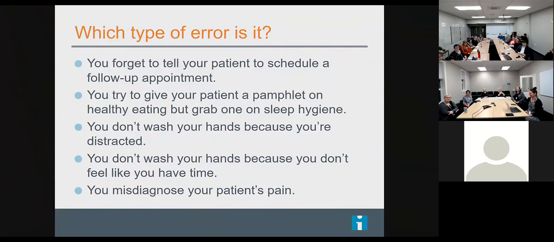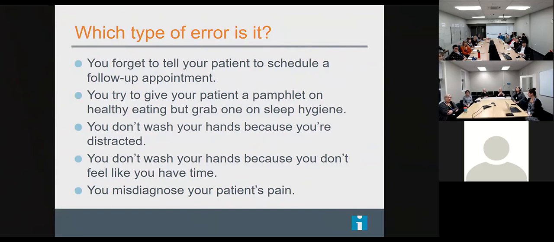You don't wash your hands because you're distracted. It's probably a mistake. A mistake or a lapse, you forgot. Depends what their job is. If they're a surgeon and they don't wash their hands, that's different to me not washing my hands. So that would probably be you don't wash your hands because you don't feel like it or you don't have the time.